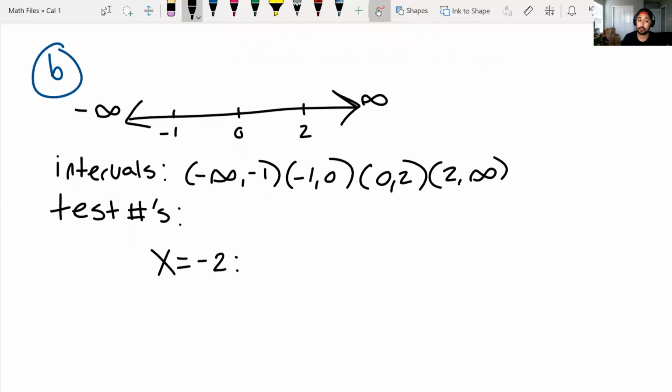From the next test interval, negative 1 to 0, I will pick negative 0.5. Then from 0 to 2, I'm thinking of a number between 0 and 2. 1.5, perfect. Just kidding, pick 1. And then from 2 to infinity, I will pick 3.